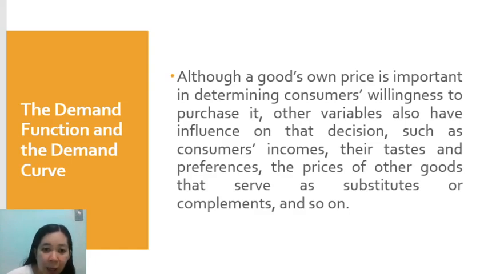So again, you are already familiar with these variables because in the previous discussions and illustrations that we have, we already considered them, like their income and the prices of substitute and complement goods.